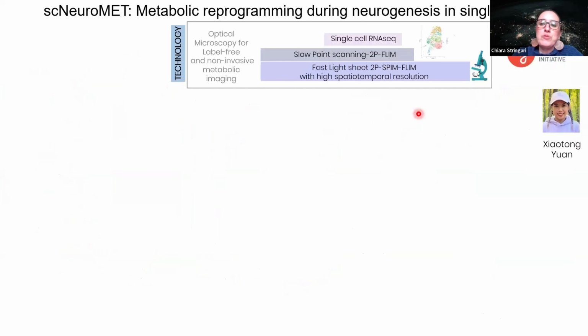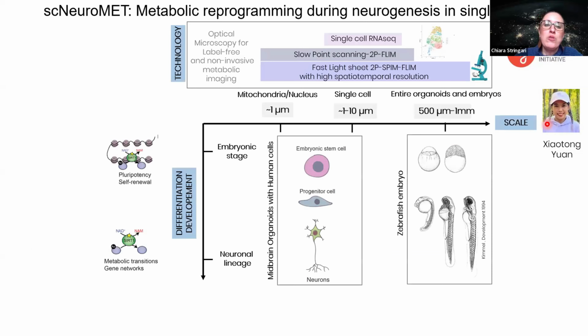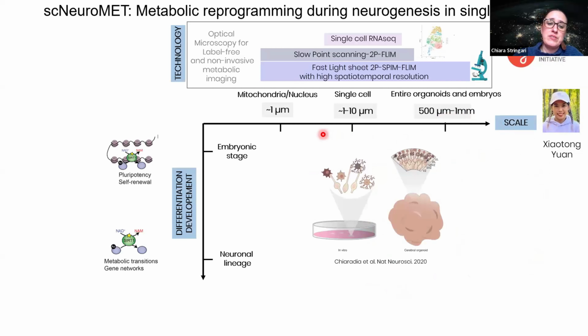So Xiaotong, who is working now in this project, is developing new fast FLIM methods for metabolic imaging, with the goal of mapping tissues, entire tissues like zebrafish, during differentiations, and also brain organoids during the neuronal differentiation and the neuronal lineage.